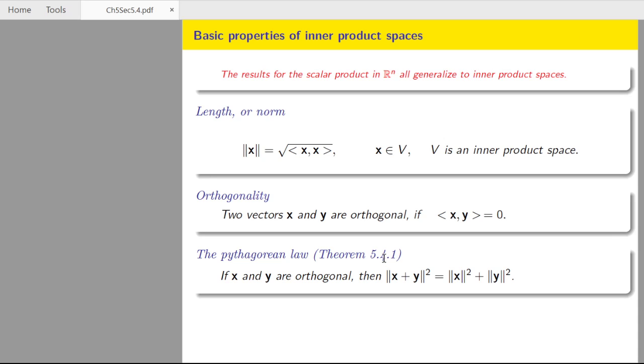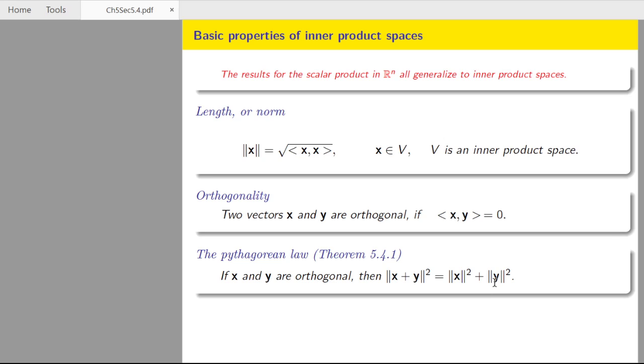Theorem 5.4.1, the Pythagorean law. If x and y are orthogonal, then the square of the length of x plus y equals the square of the length of x plus the square of the length of y.